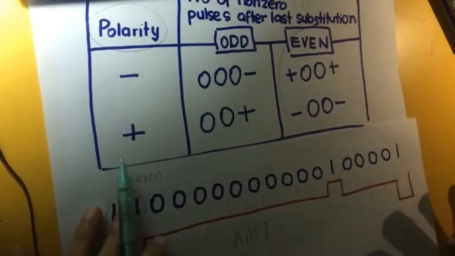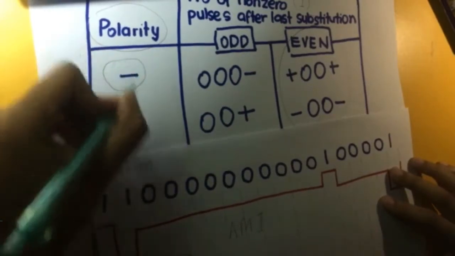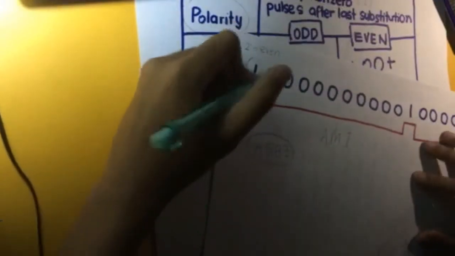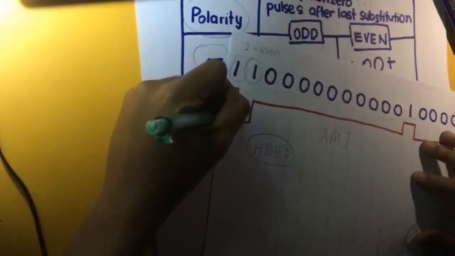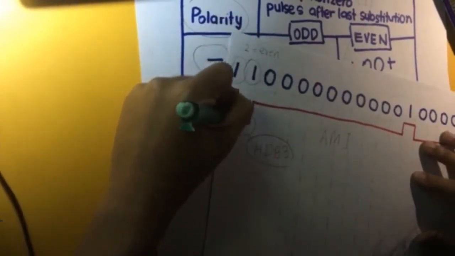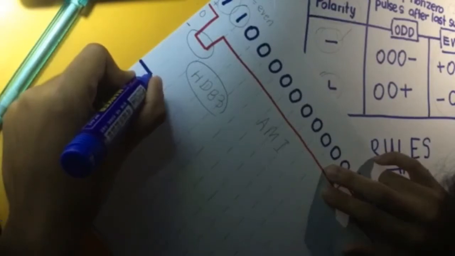row, column. Next, we're going to determine whether the polarity is negative or positive. Since the polarity over here is negative, here is positive, here is 0, and here is negative, we're going to choose negative and even. So the new signal is going to look like this.